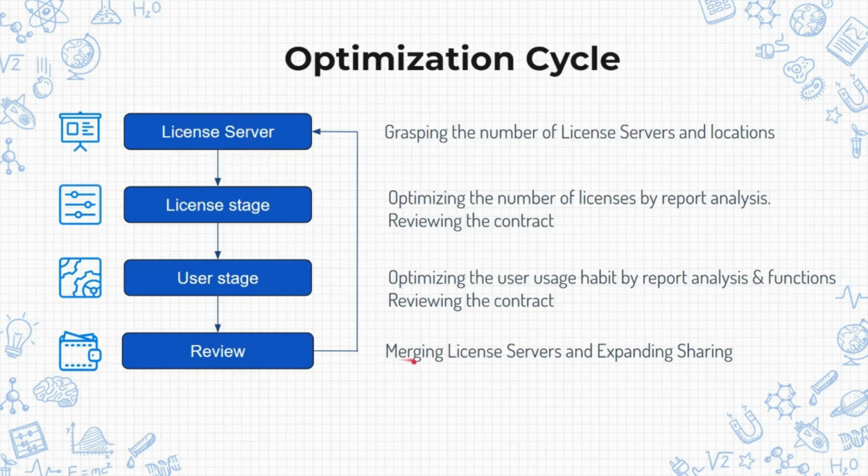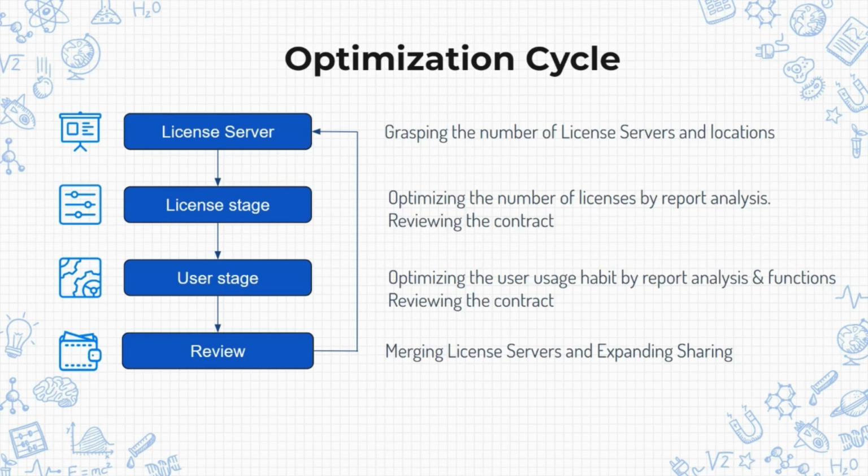You might think about merging license servers and then expanding the sharing of licenses. So maybe, for example, one company which has a lot of departments in different regions in the same country might be using the same application's license server in different departments.